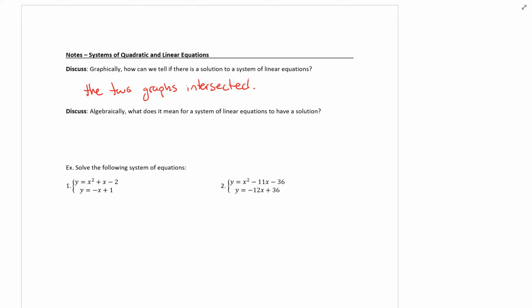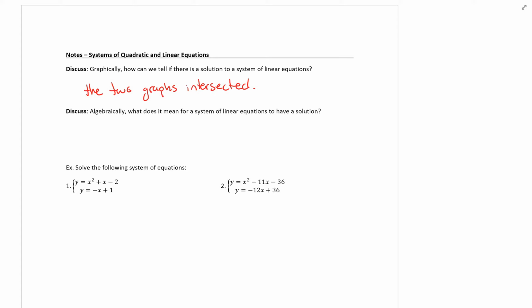Now, for the second one, algebraically, what does it mean? This is the one that's going to be the big push for this section. When we had two linear functions in a system, what did it mean when they intersected algebraically?